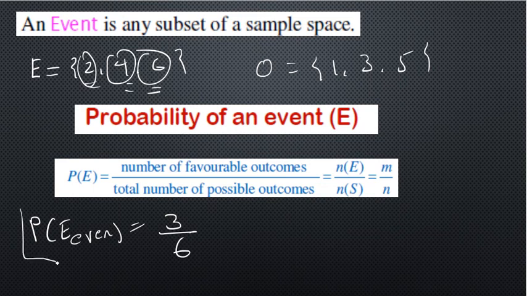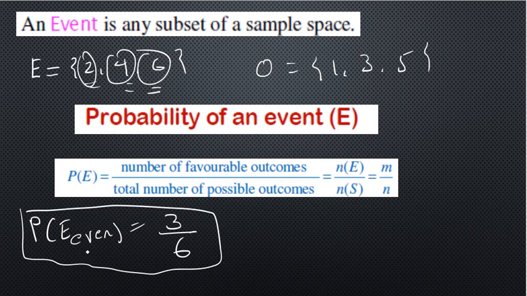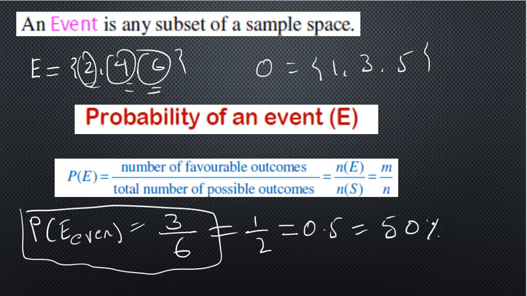This example is the probability of observing an even number after rolling a die, which is 3 out of 6. We can simplify this to 1 over 2, or write it as a decimal, 1 divided by 2 is 0.5, or as a percentage, which is going to be 50%. So let us see some more examples on this.